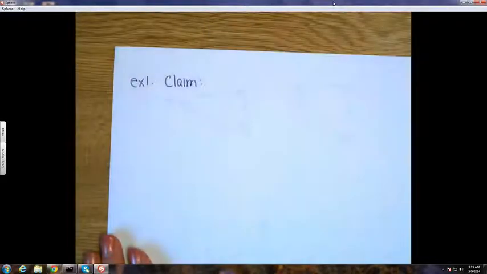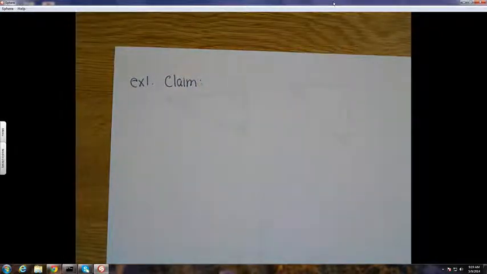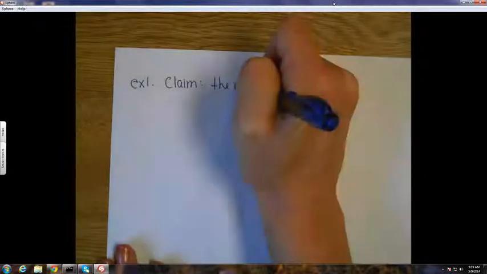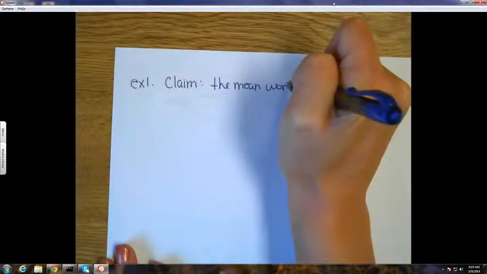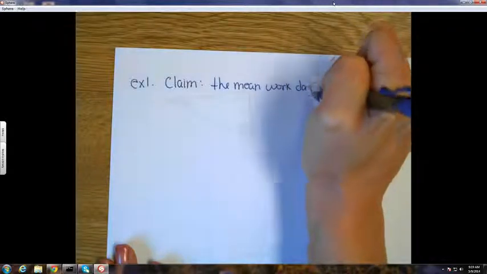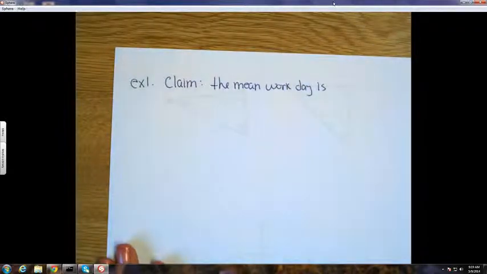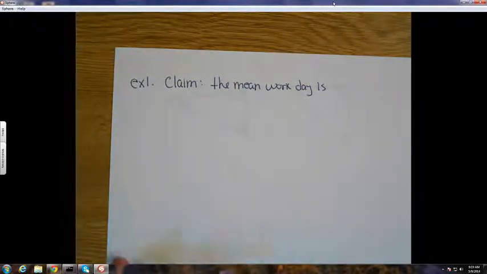Here's the claim. The CEO of the firm claims that the mean workday for all of its accountants is less than 8.5 hours.